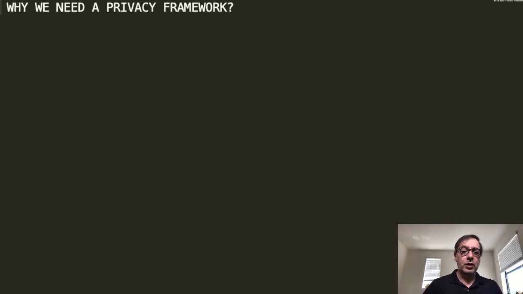A privacy framework is designed to help us and guide us on things we need to know and address to keep the privacy of our employees, customers, stakeholders, etc. Following them also helps us to be compliant. It helps us. I didn't say it makes us compliant.